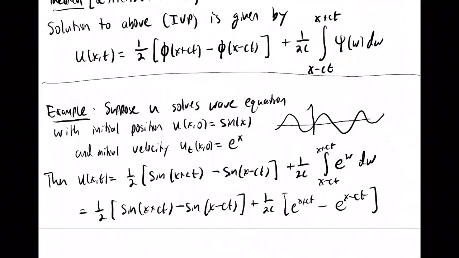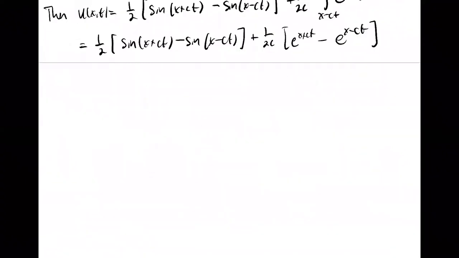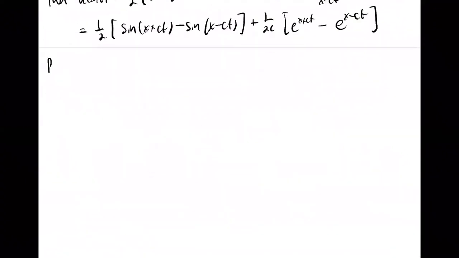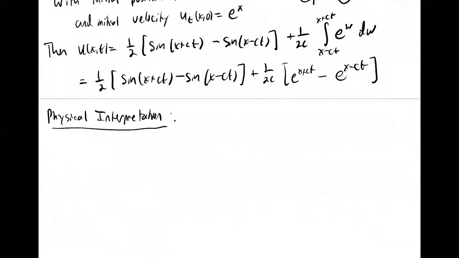Right. Okay, and maybe before ending for today, I do just want to make one final comment about the physical interpretation of the formula. Let's maybe ignore the more complicated D'Alembert formula up here, which I'll prove next time, and let's just look at what we got in the first theorem today.